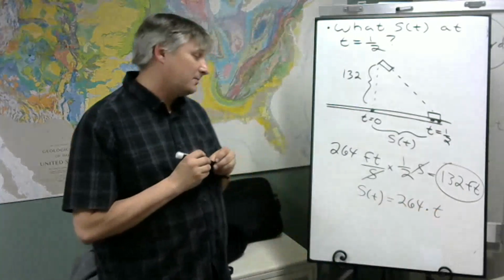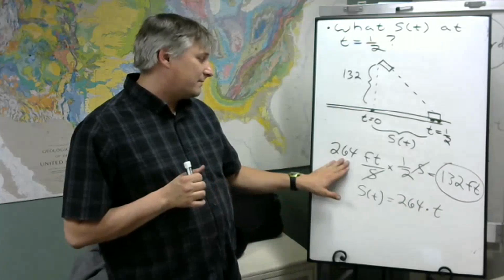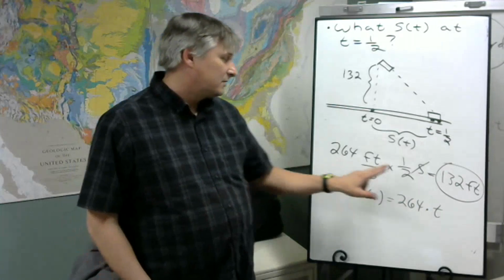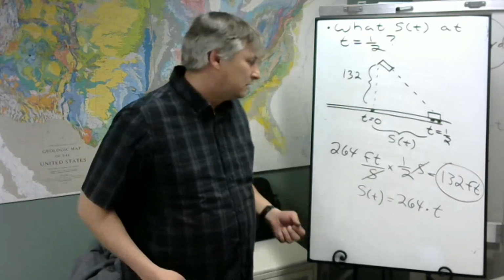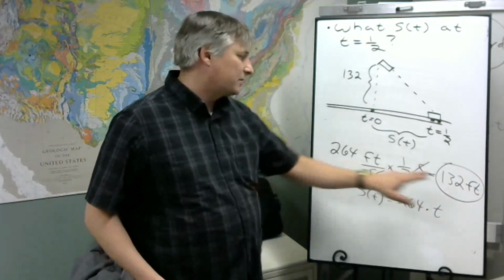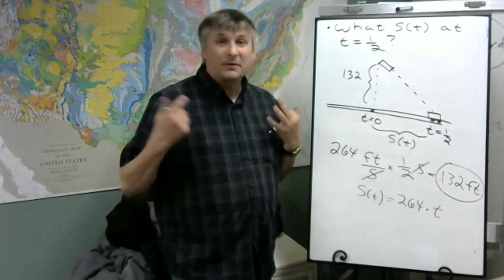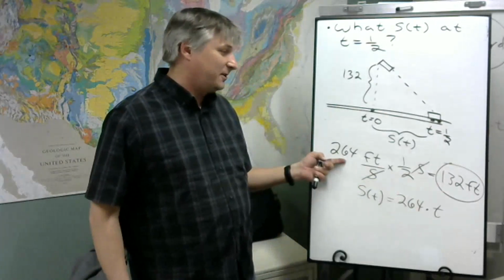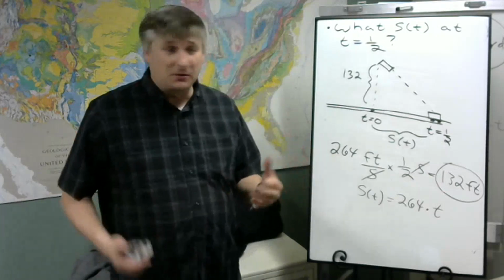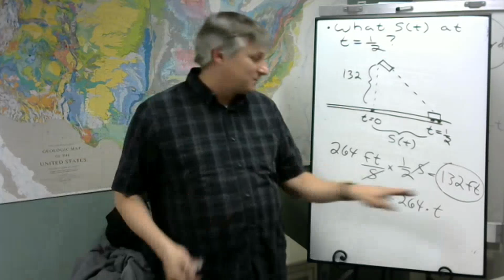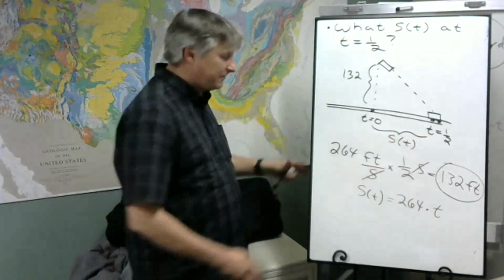If our car is traveling 264 feet per second for 1/2 second, how far has it traveled? Well, 1/2 times 264 is 132. If the car was traveling for 1 second at 264 feet per second, then it has traveled 264 feet. So that's the way we can figure out s when t equals 1/2.